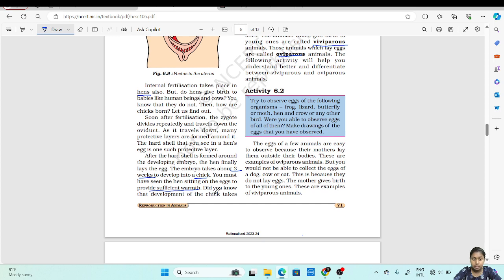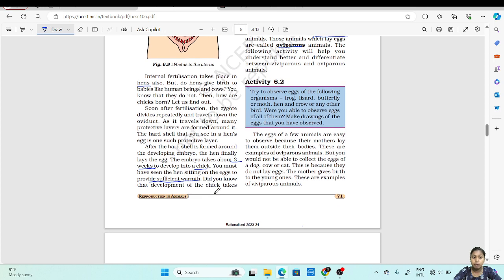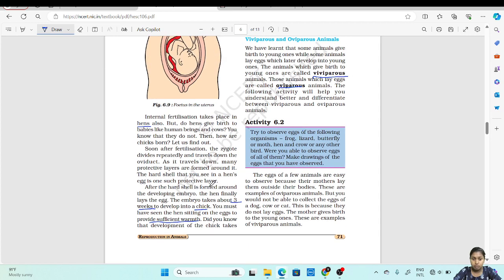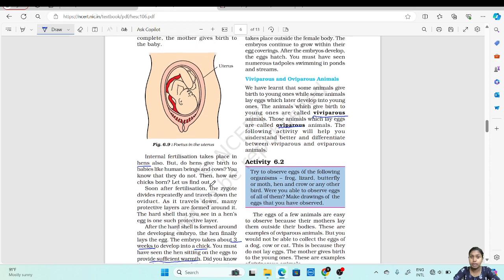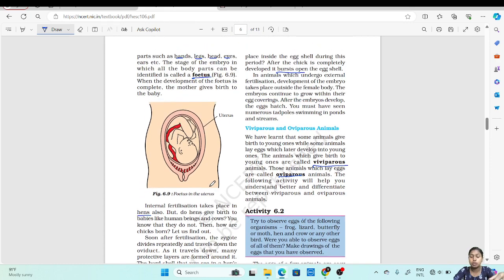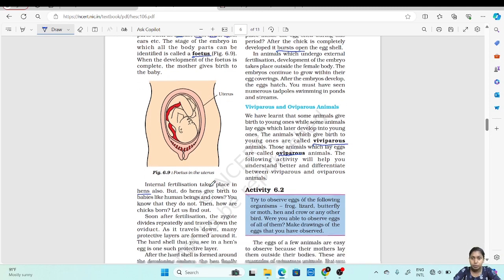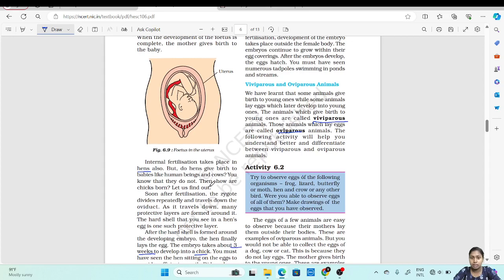Once the egg is laid, it takes 3 weeks to develop the embryo into the chick. The hen sits on the egg to provide it sufficient warmth, because of which the embryo develops, and later the chick comes out of the egg by bursting the shell. So this is what happens in hens.